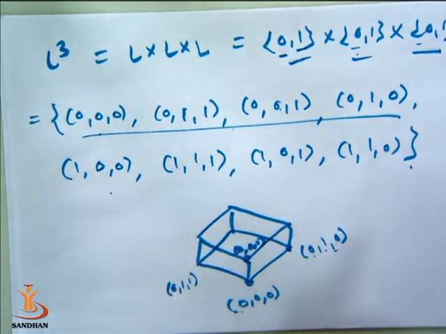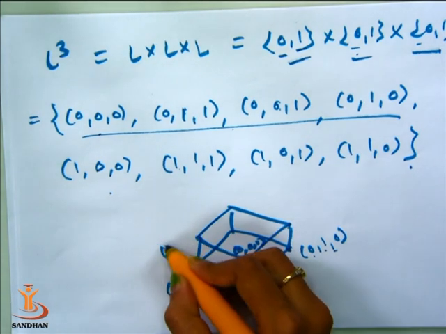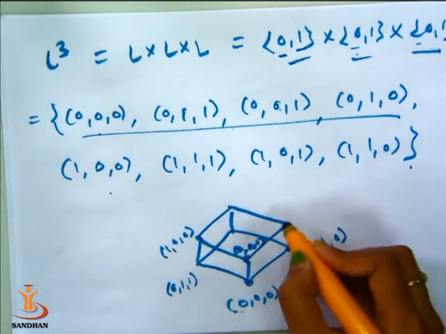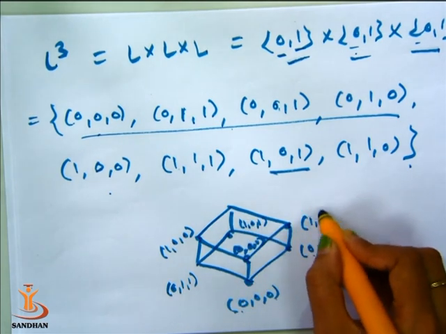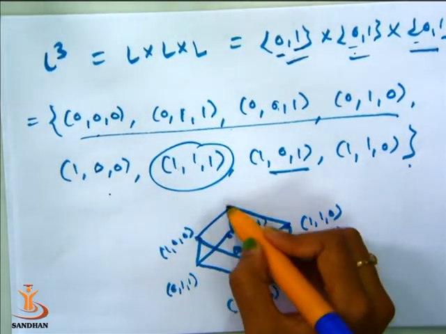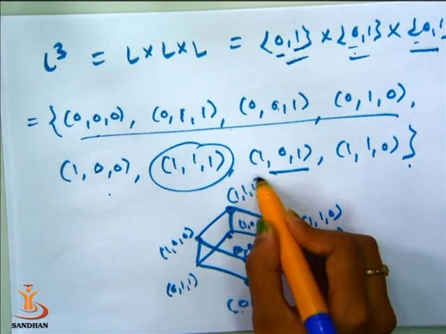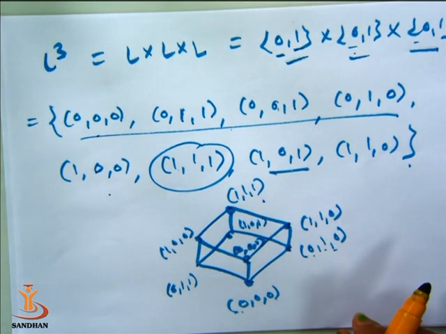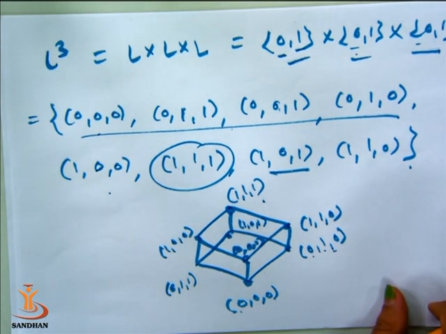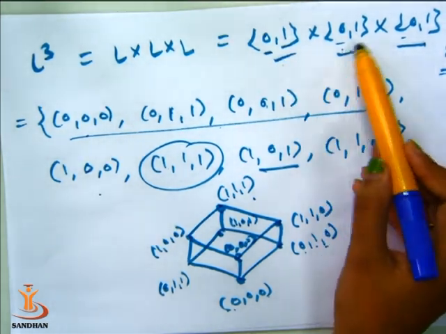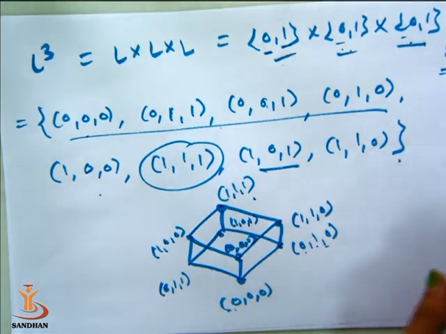Now the next elements are (1, 0, 0), (1, 0, 1), (1, 1, 0), and the last element (1, 1, 1). So we can draw the Hasse diagram for L cubed also, and similarly for L to the power 4 you can try by yourself, taking {0, 1} cross {0, 1} cross {0, 1} cross {0, 1}.